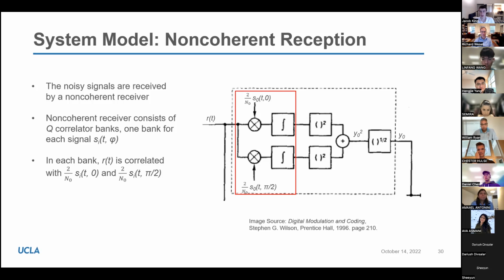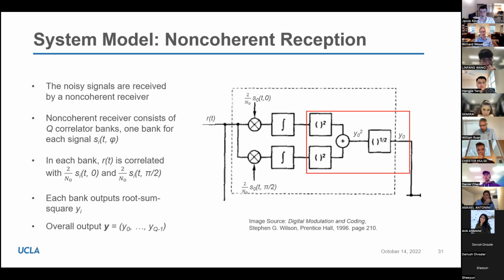So the correlator bank begins by performing two correlations, correlating the received signal R of t with S sub 0 and phase 0, and correlating R of t with S sub 0 and phase pi over 2. The root sum square is then taken of the results of these correlations. The root sum square is equivalent to computing the magnitude of a point in 2D space, where the coordinates of this point are the outputs of the correlations.